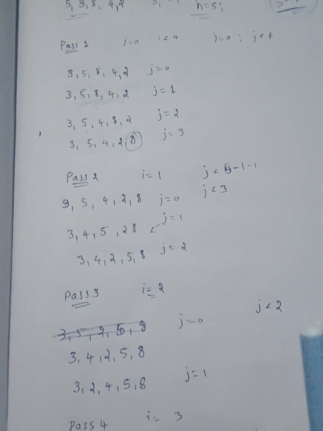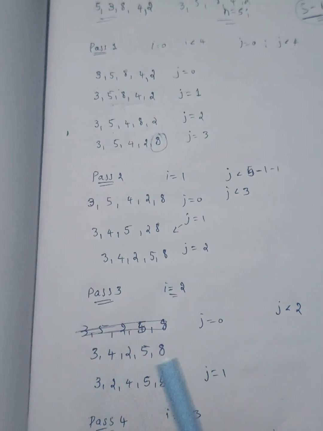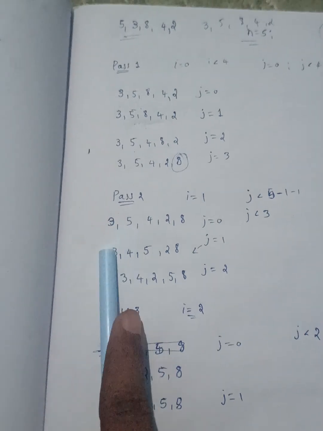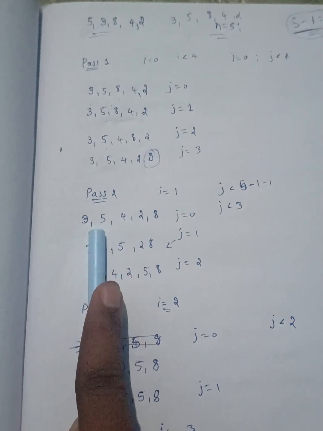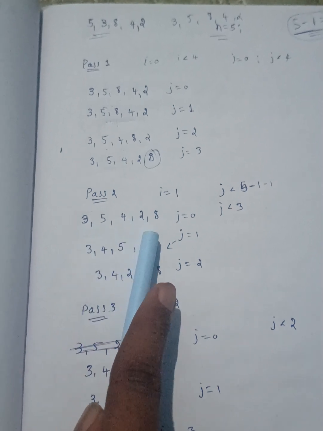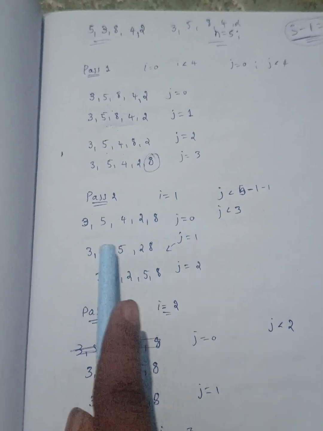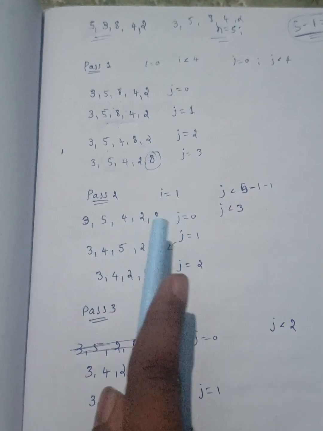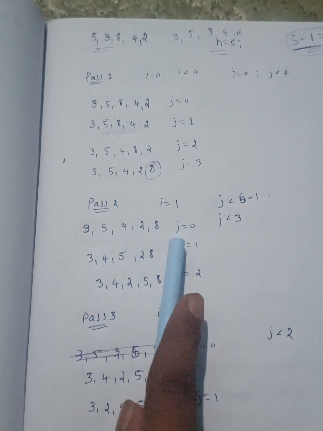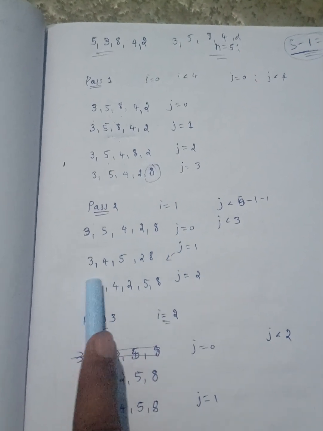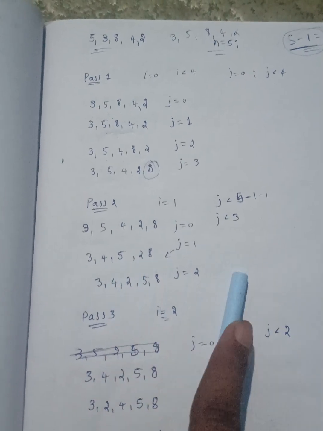Now pass 2. Again we are going to check the adjacent elements 3 comma 5. 3 is not greater than 5, which is in correct order. Next 5 4, which is in wrong order, 3 4 5 2 8.